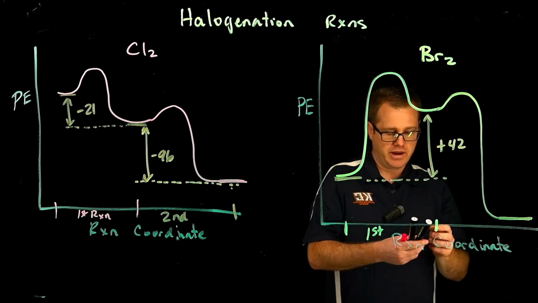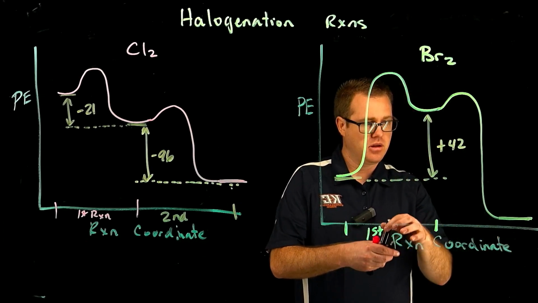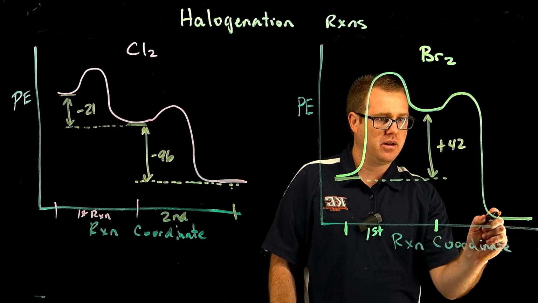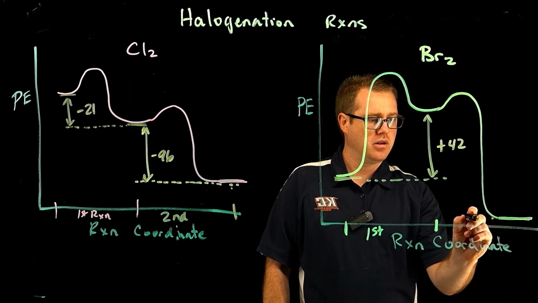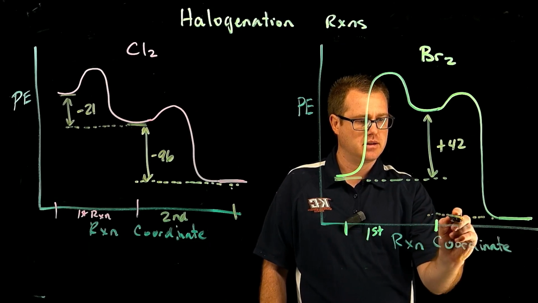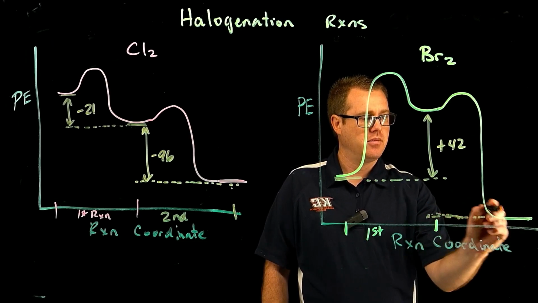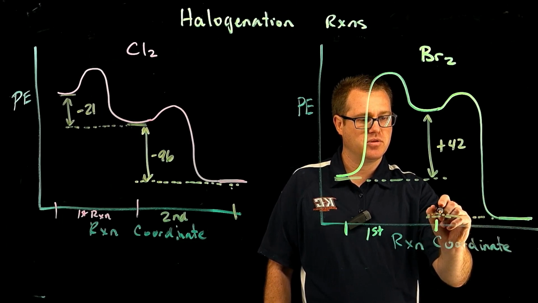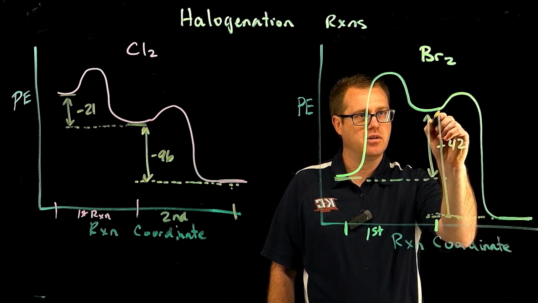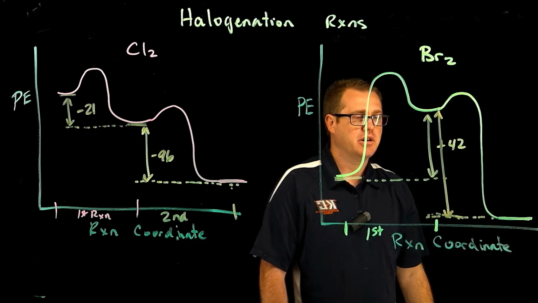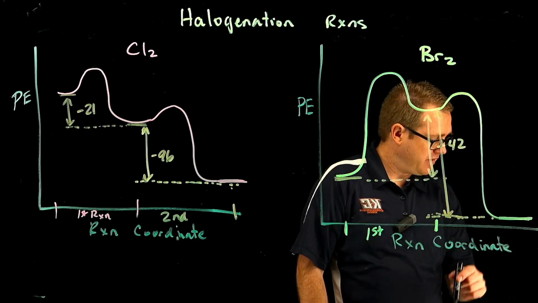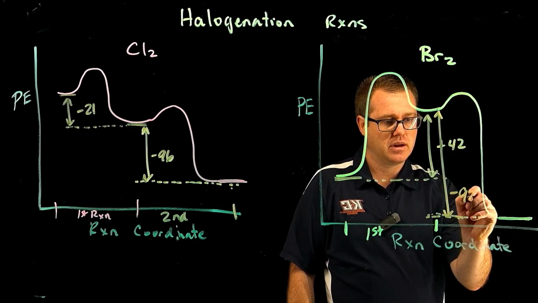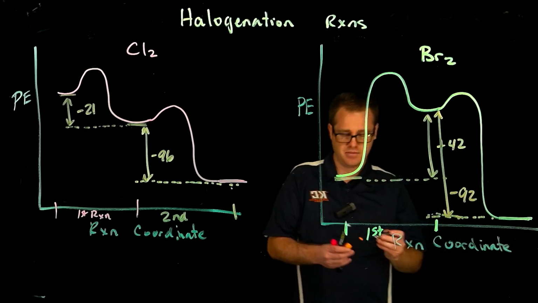So look at that. If we propagate over here, like that. Oh, that's a horrible line. From the ending spot to where it started over there, you can now see that distance is going to be a negative 92 kilojoules per mole.